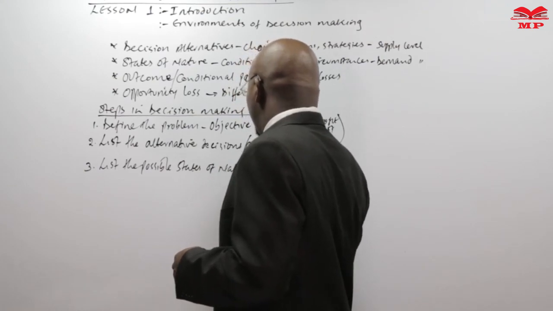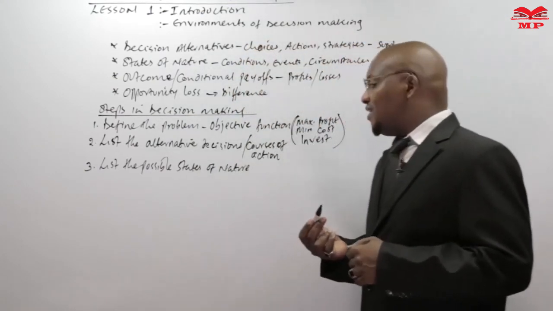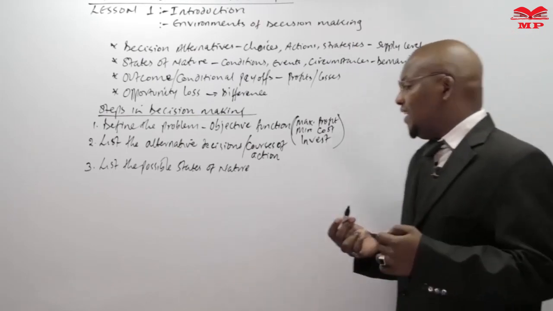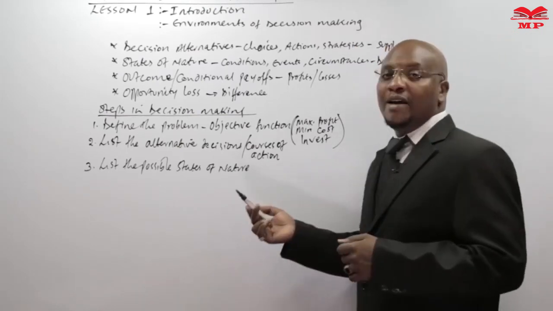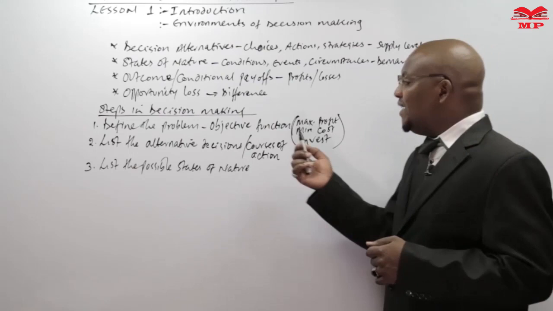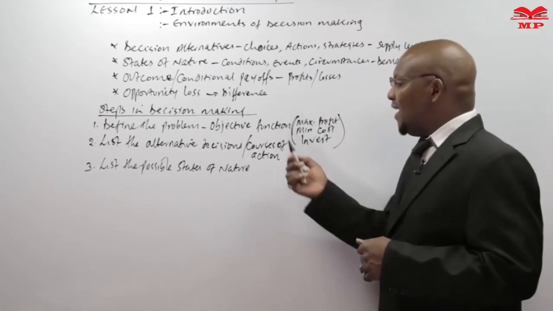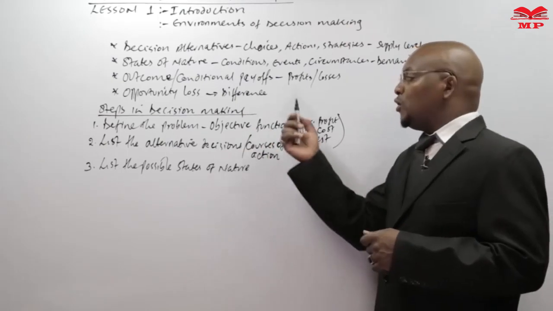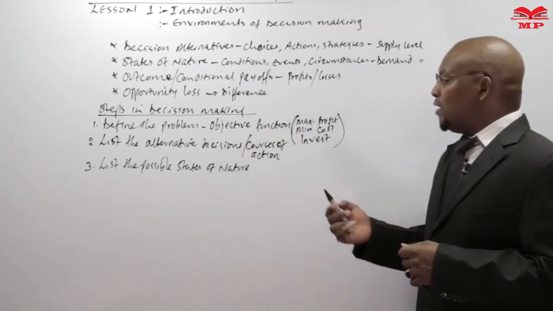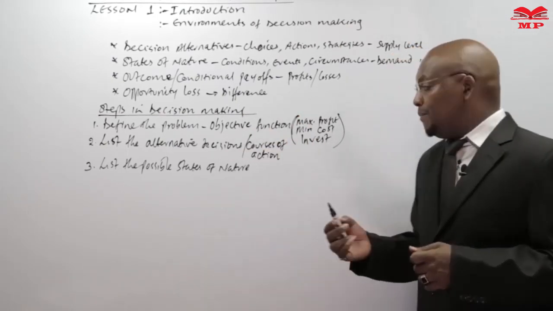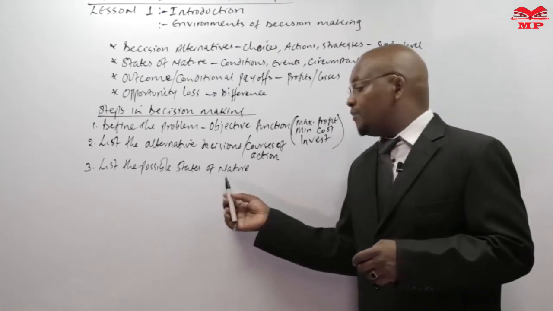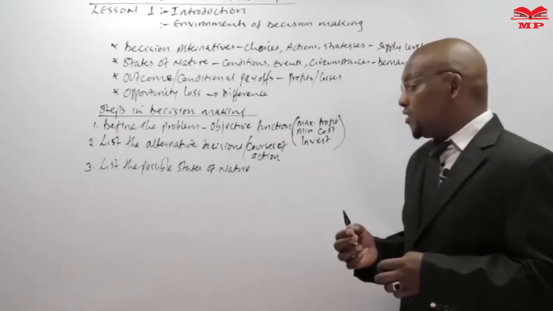These are the conditions, the circumstances prevailing. They may hinder the process of making a decision. They may hinder the objective function, as in optimizing and achieving the objective may be a problem if we have these states of nature. We call these conditions, and we need to list them.